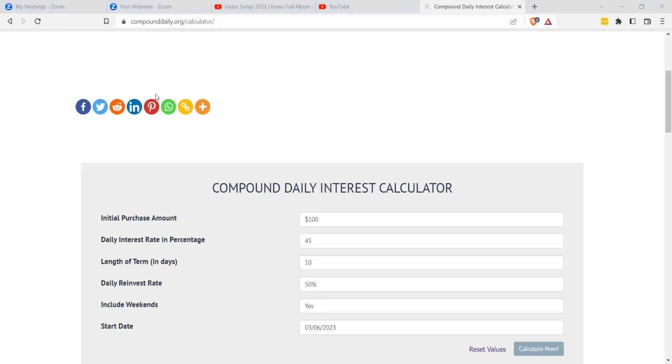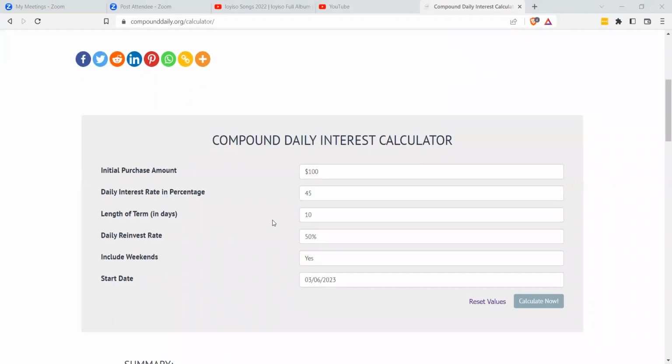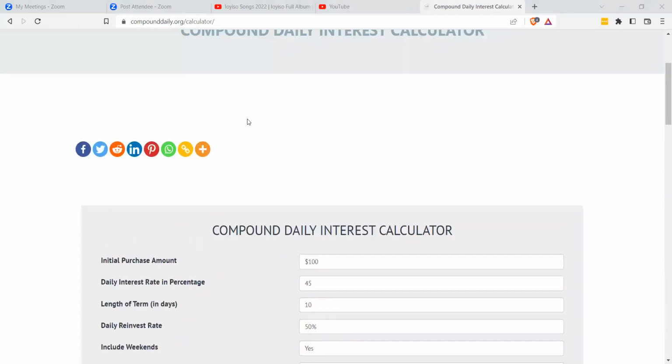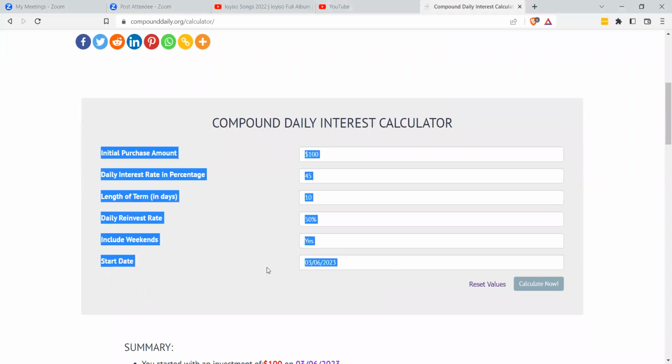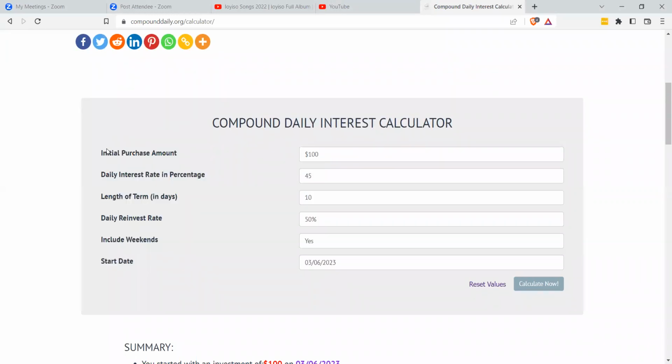All right, so let me do it one more time. You'll be taken to this particular form here. For initial purchase amount, you're going to put your capital. How much are you trading with? So let's say I'm trading with $1,000.